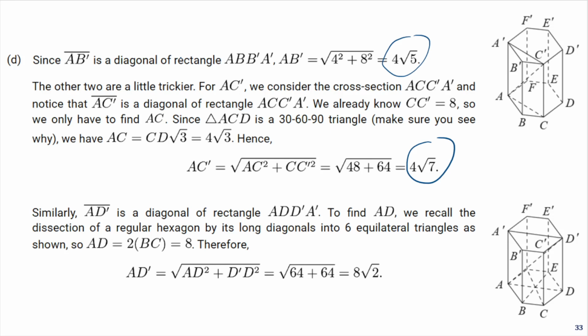Therefore, we know AD prime equals square root of AD squared plus D prime D squared, which gives us 8 square root 2, right? Okay, any questions?